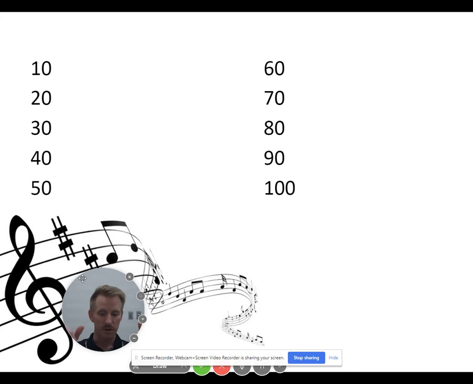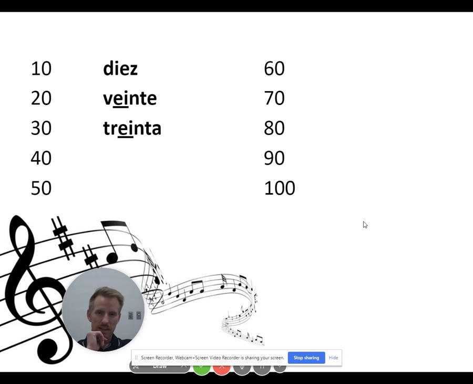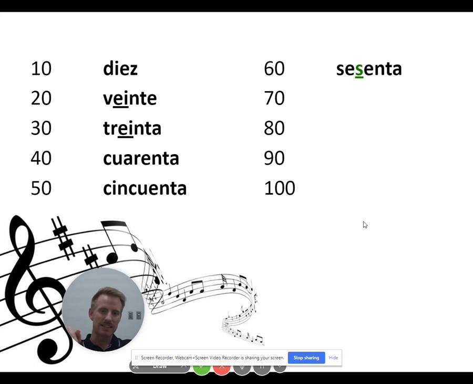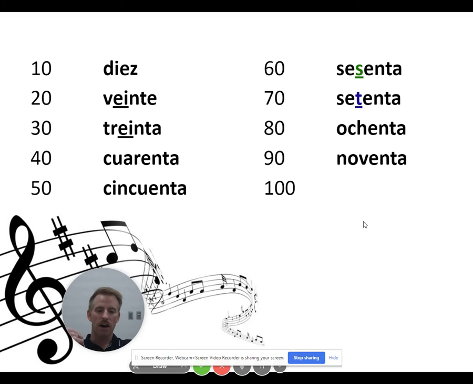Sin notas, without notes. 10, 20, 30, 40, 50, 60, 70, 80, 90, y 100.